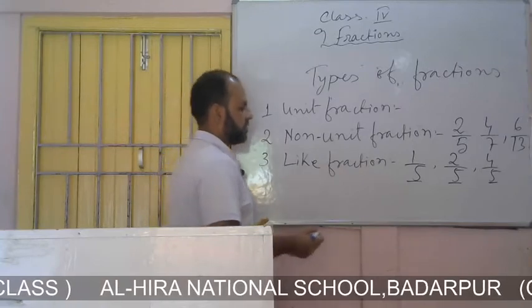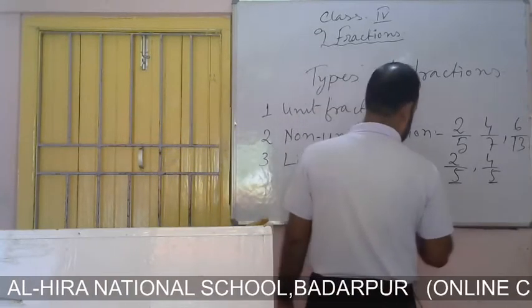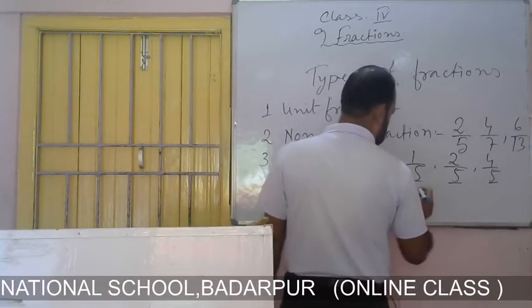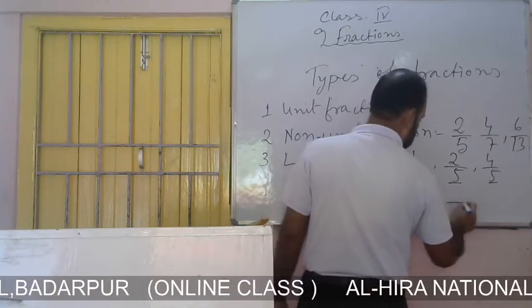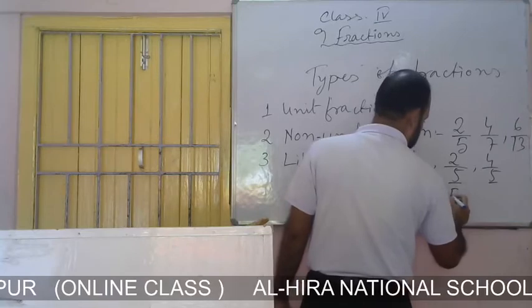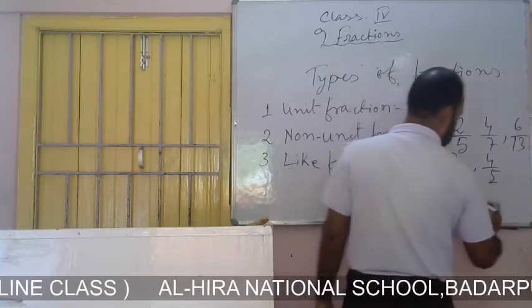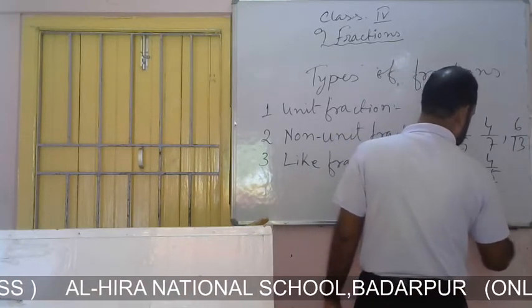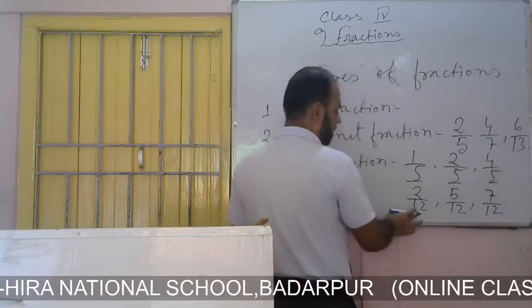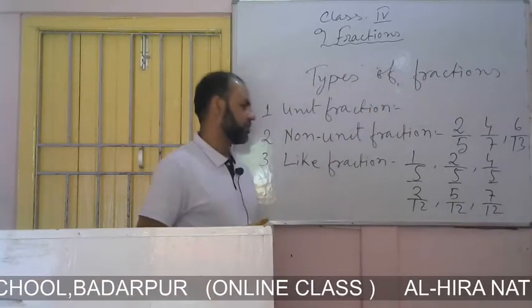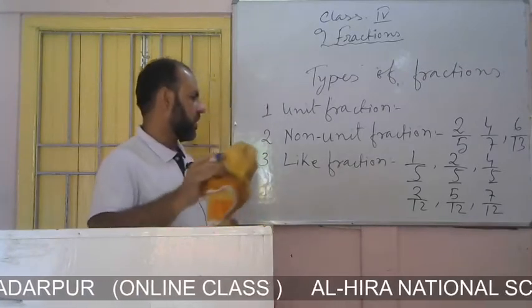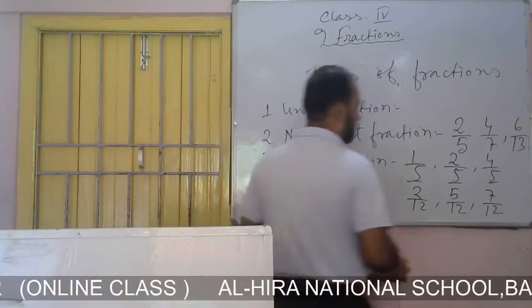So, these fractions are called like fractions. One more example, suppose 2 by 12, 5 by 12, 7 by 12. Here also the denominators are 12. So, these fractions are also like fractions.